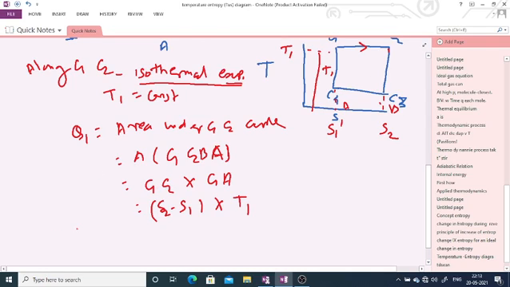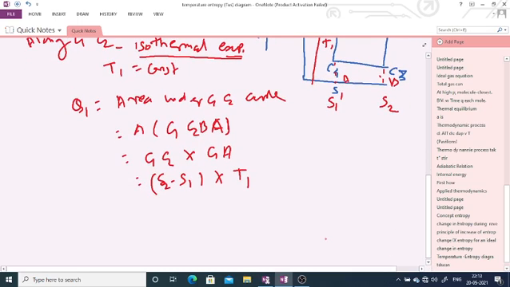Now we consider the next process, that is C2 to C3. That is the vertical line, C2 to C3. Now this is an adiabatic expansion process. It is adiabatic, so there is no heat exchange between your system and surroundings.